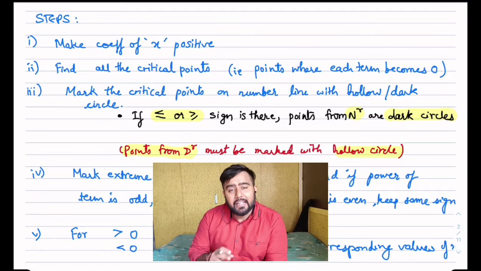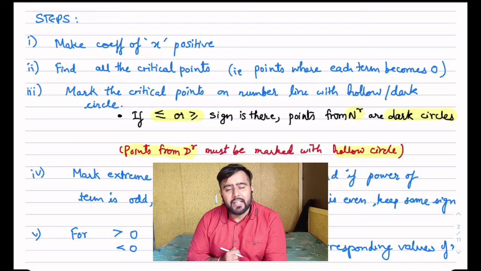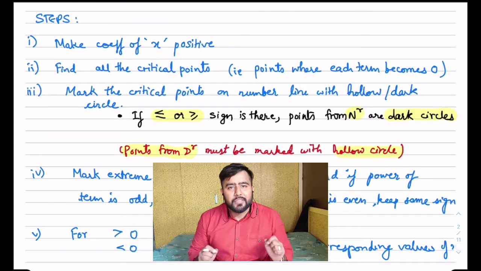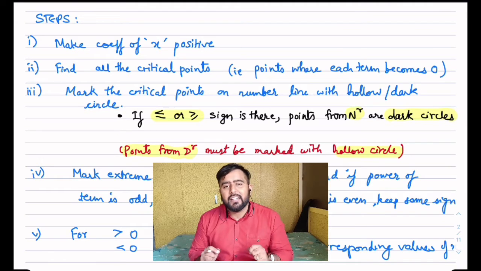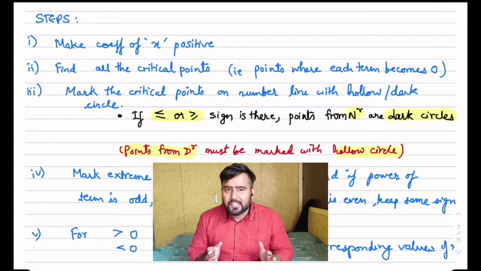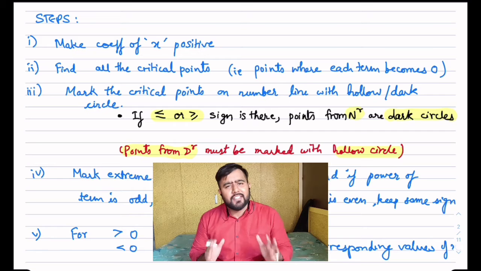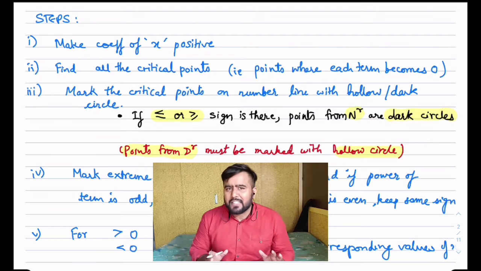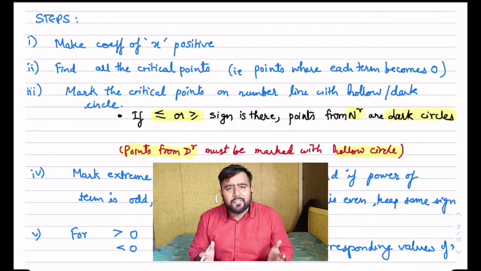Okay? And keep one very important thing in mind. If any term is from the denominator, you have to always mark it as a hollow circle only, because for any fraction the denominator cannot be 0. If the denominator is 0, will that fraction be defined? It won't be defined. Anything divided by 0 is not defined, right?